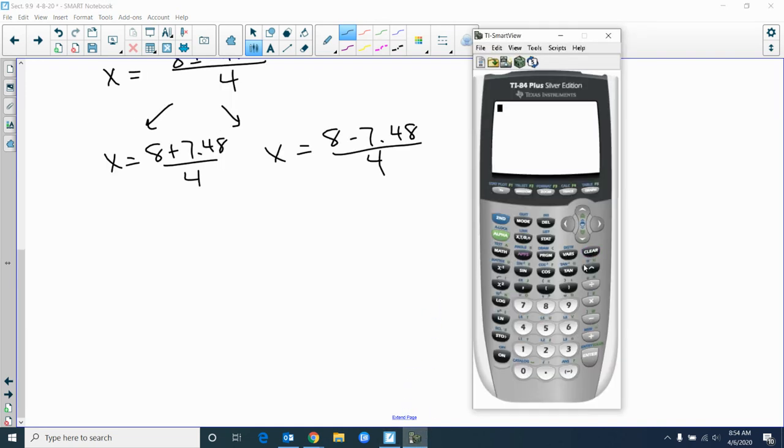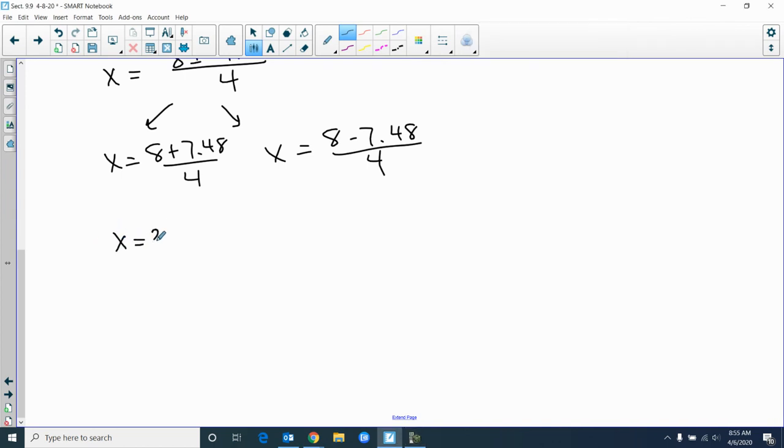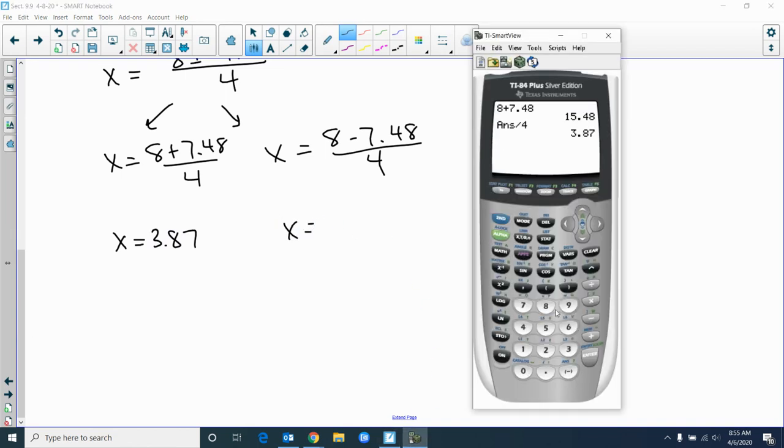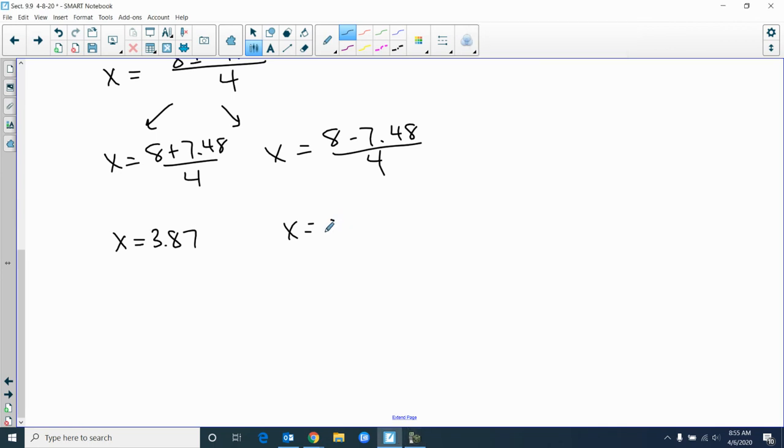All right, let's see what we get here. 8 plus 7.48, equals, divided by 4, 3.87. 8 minus 7.48 divided by 4 is 0.13.